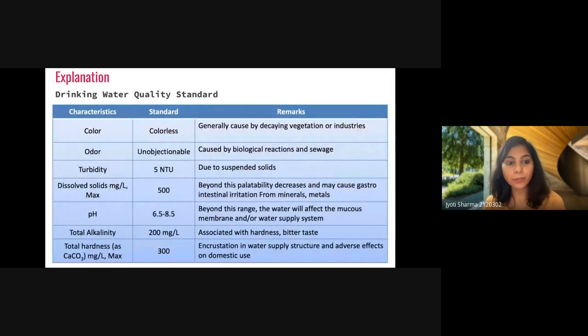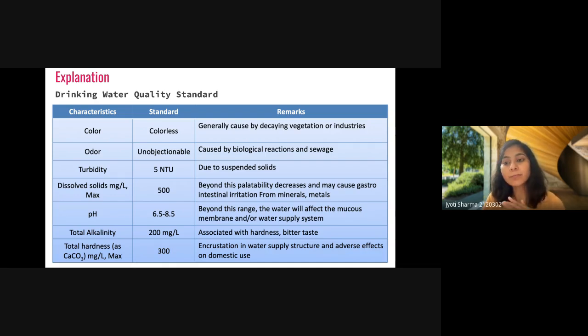Okay, so coming to the 12th lecture that sir has delivered to you, it is based on the quality standard only. In air pollution also we talked about the criteria pollutant and what value we should have; above that value, it should not be exceeded, right?